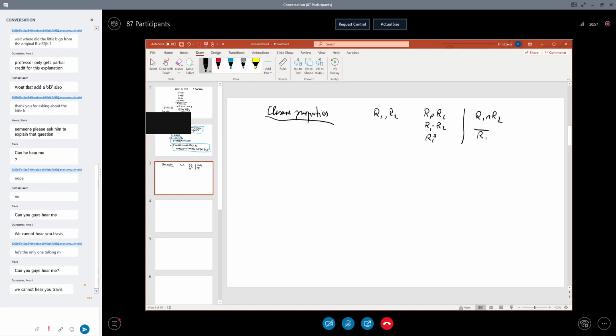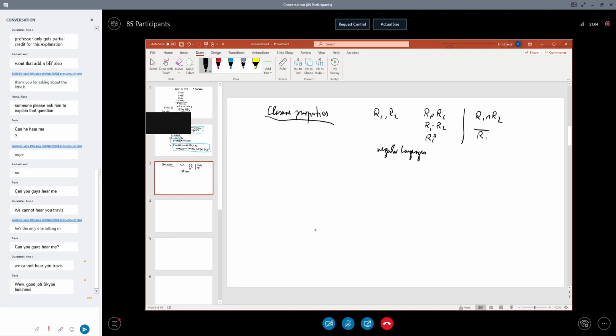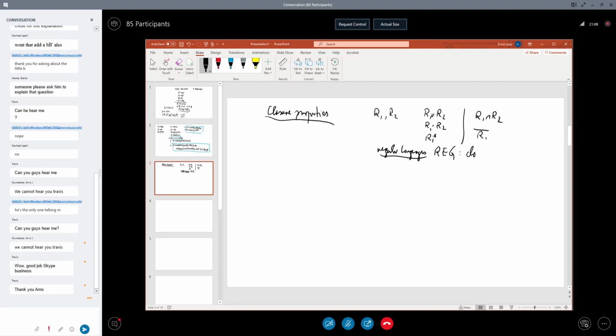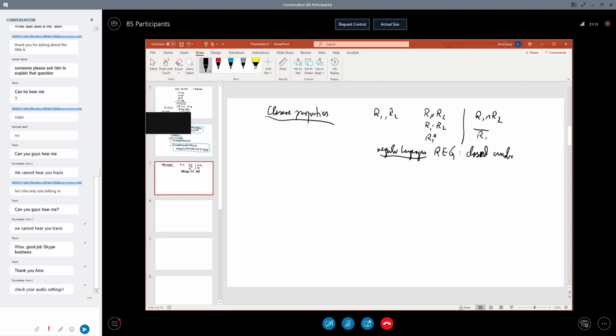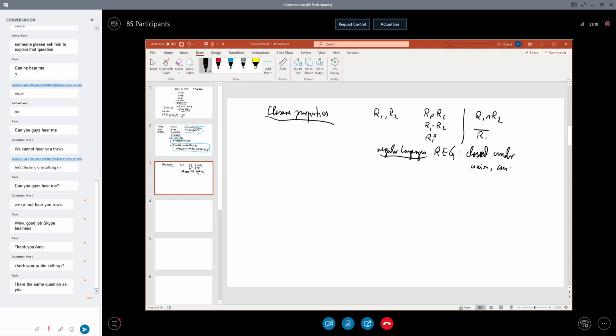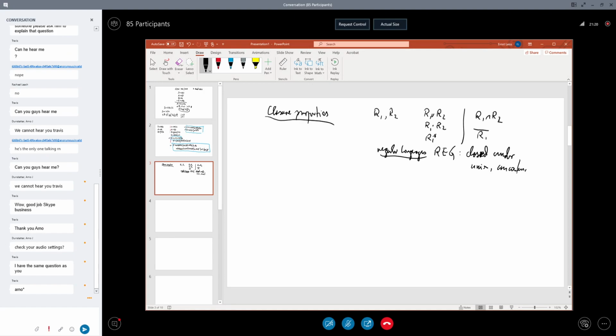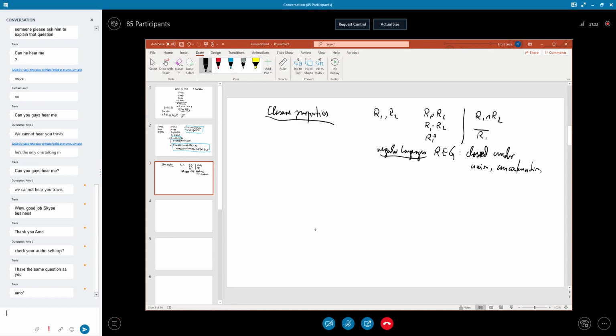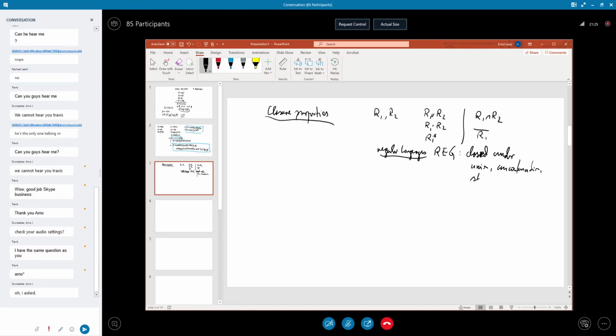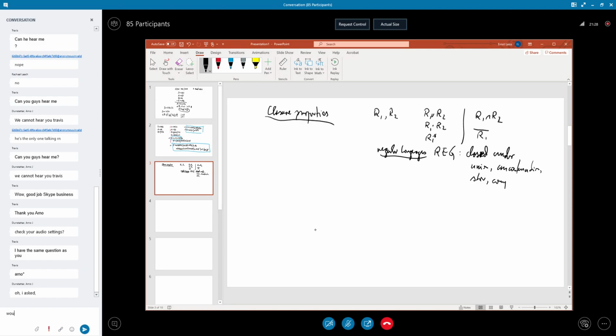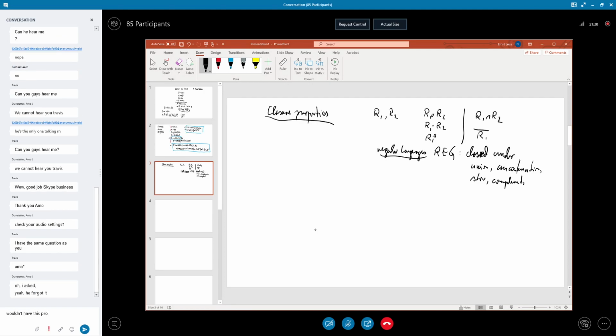And in the case of regular languages, REG, they're closed under union, concatenation, star, complement, and intersection.